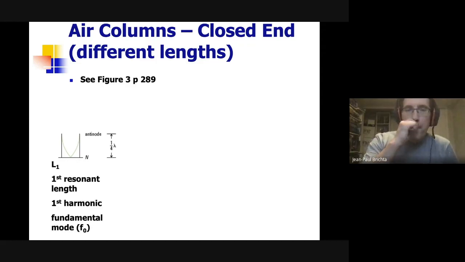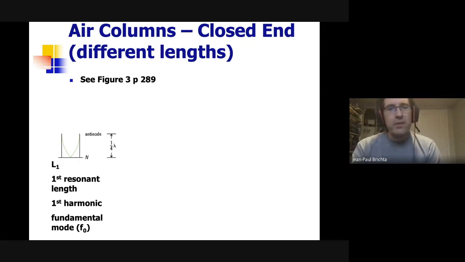This has a special length associated with it. It's called L1, or sometimes the first resonant length. The sound that comes out of this is called the first harmonic. Musicians might also call this the fundamental mode, but I'm not going to assume you're a musician, just a physics student, so we're going to stick with the harmonic.